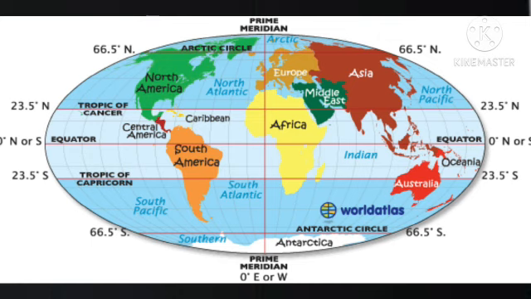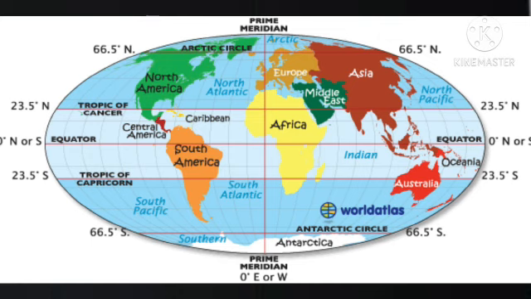This line is called Antarctic Circle. And we studied about North Pole and South Pole. These are the important lines of latitudes.